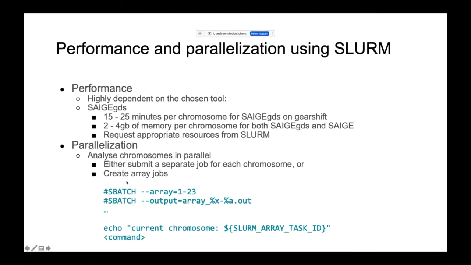Using that, you can manage your job as if it were one, while all the separate chromosomes are running on different nodes on the cluster. That gives a little bit of an advantage. We have also implemented this in the code we have prepared for the practical session later on.